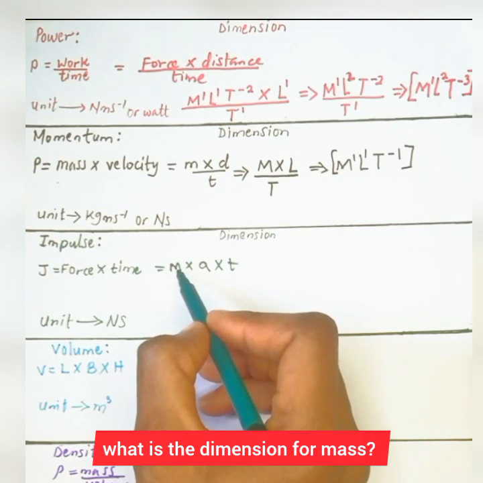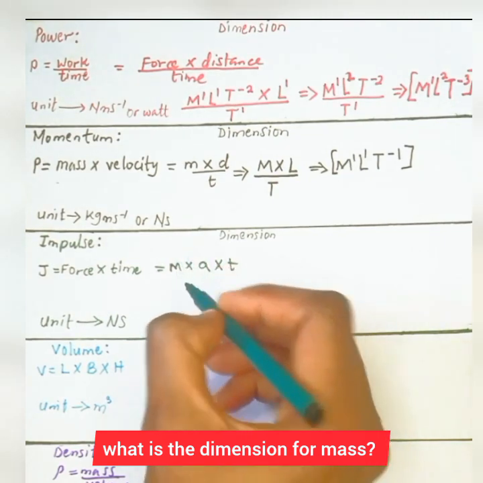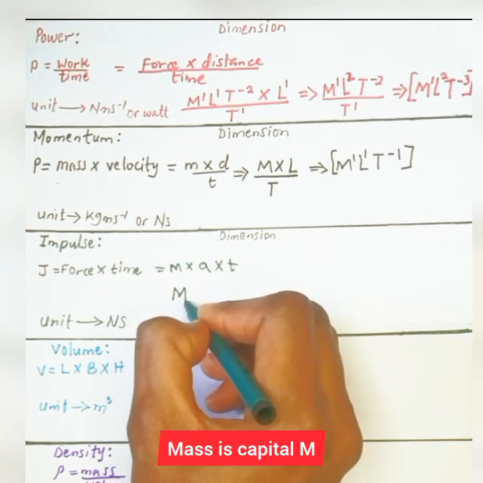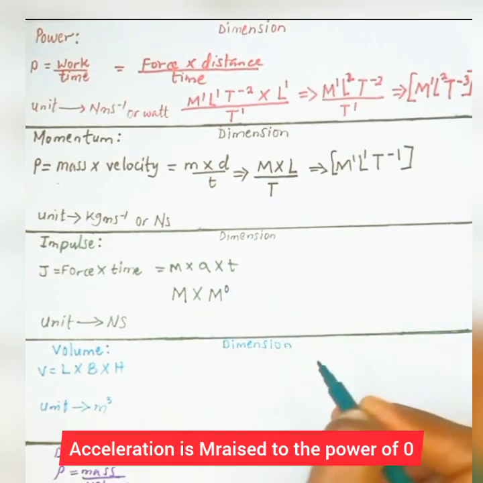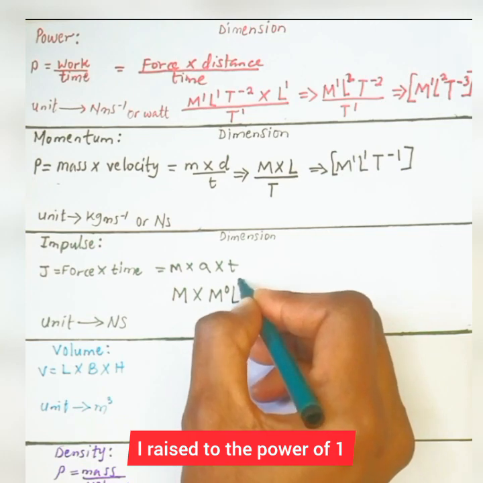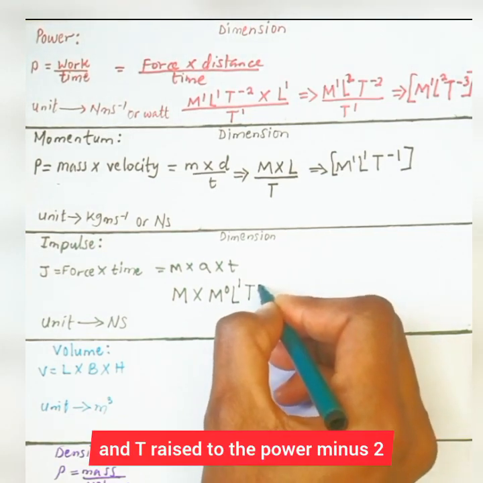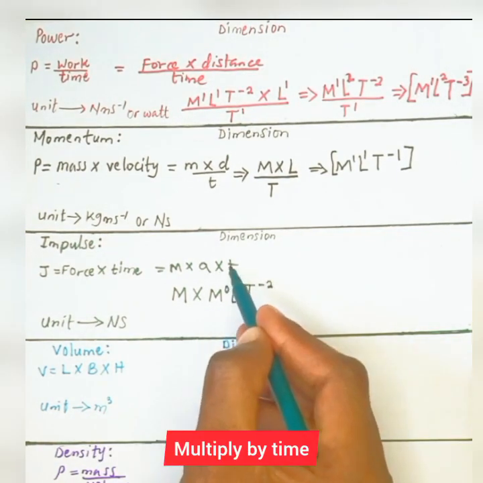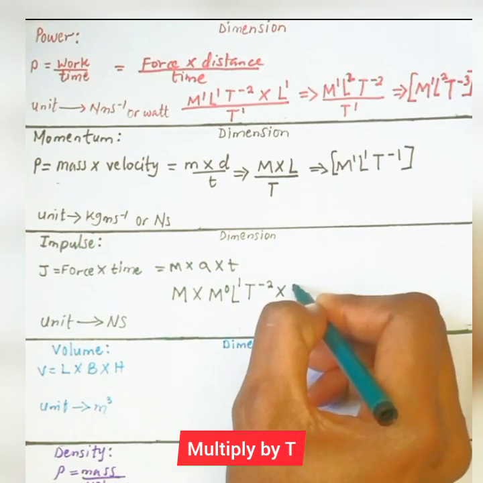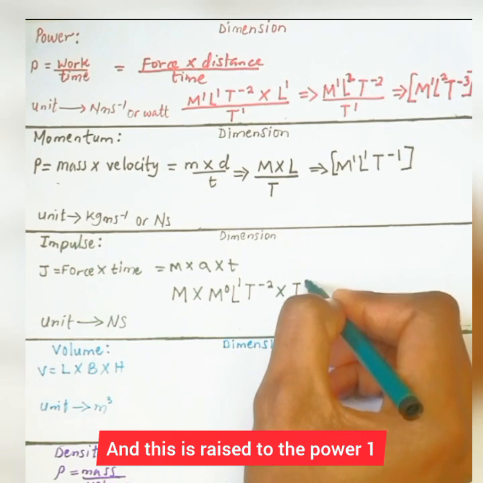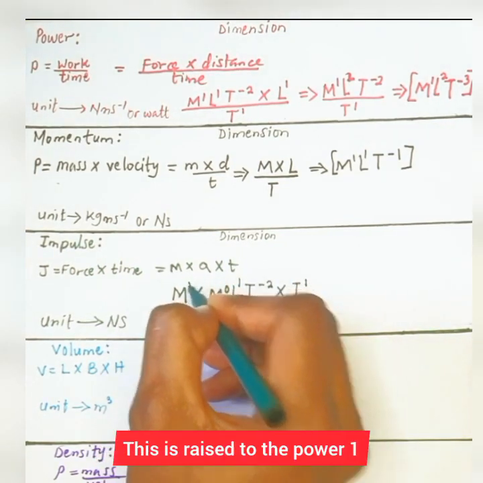What is the dimension for mass? Mass is capital M. Acceleration is M raised to the power of 0, L raised to the power of 1, and T raised to the power of minus 2. Multiplied by time, the dimension for time is capital T, raised to the power of 1.